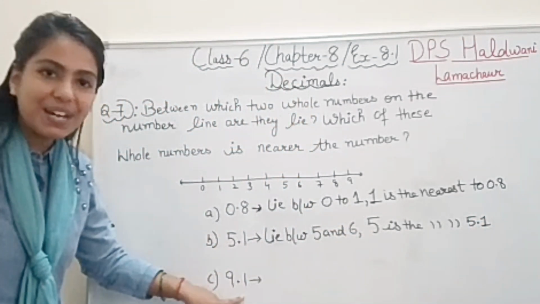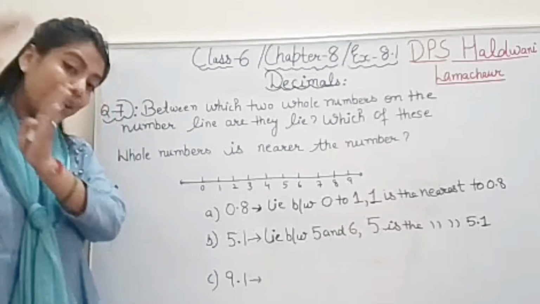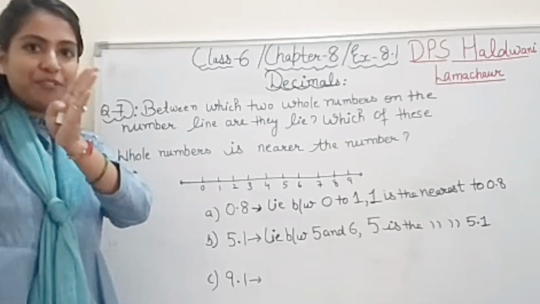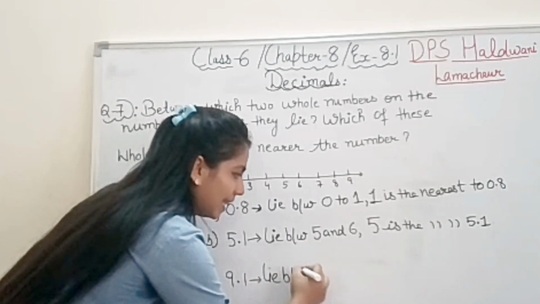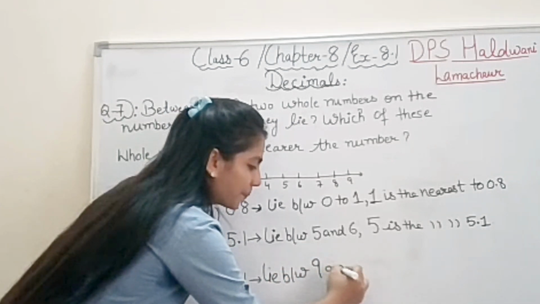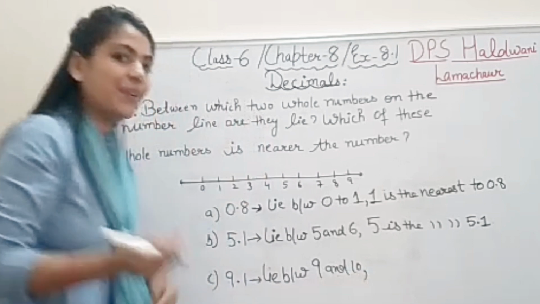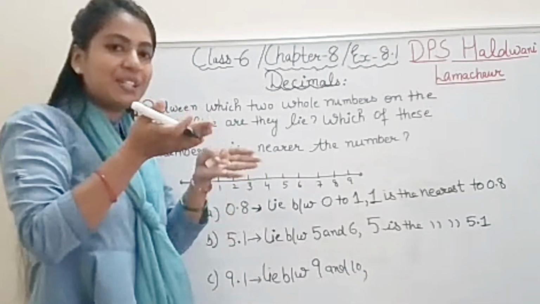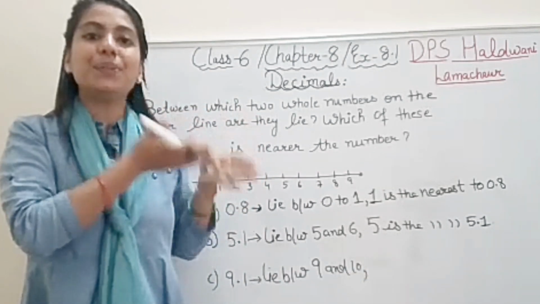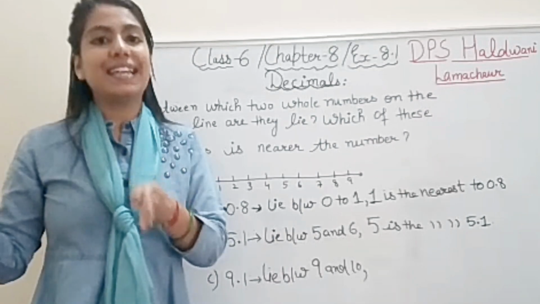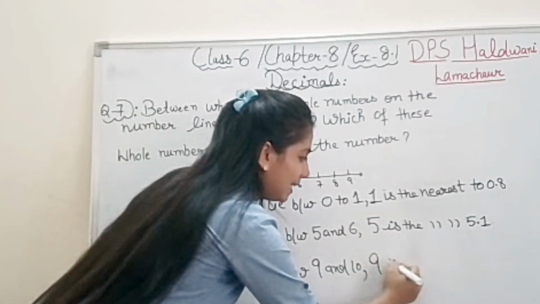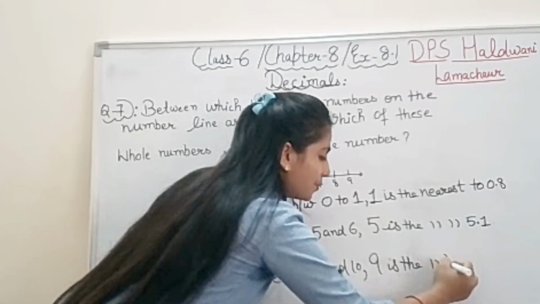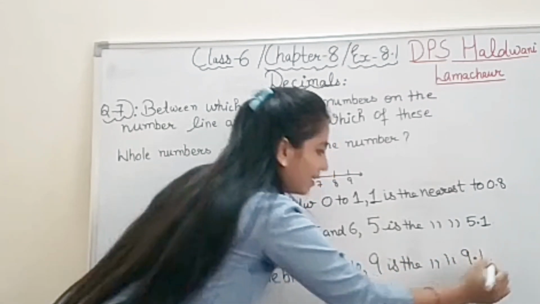Now 9.1, as you can see, is after 9 and before 10. So it lies between 9 and 10 and is always nearer to 9, because the gap is less. Before 10 there is a big gap, right? So 9 is the nearest to 9.1.